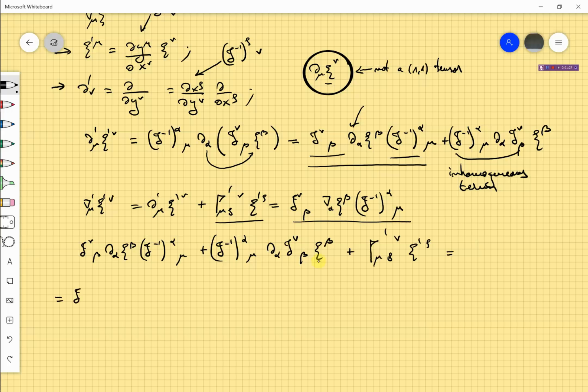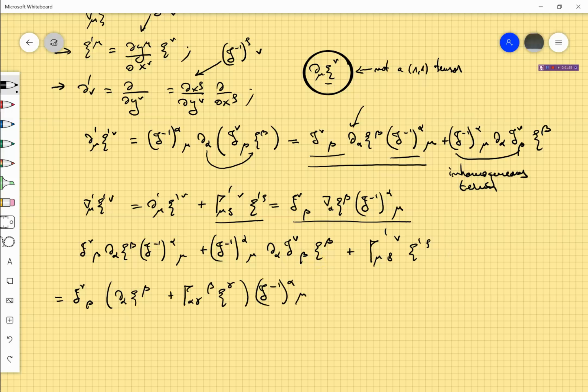This is j minus 1, sorry, j nu beta partial alpha psi beta plus gamma alpha gamma beta psi gamma, and j minus 1 alpha mu.